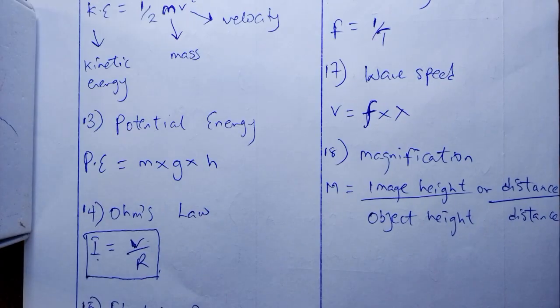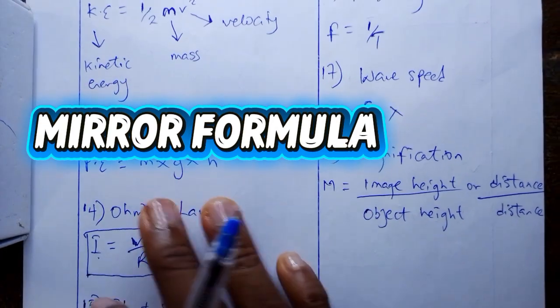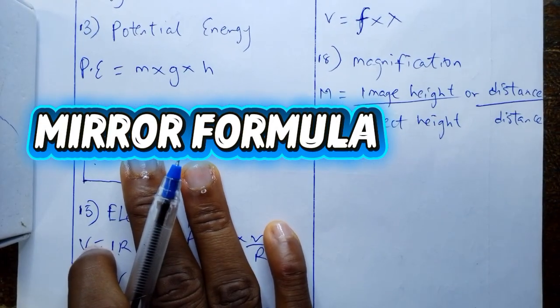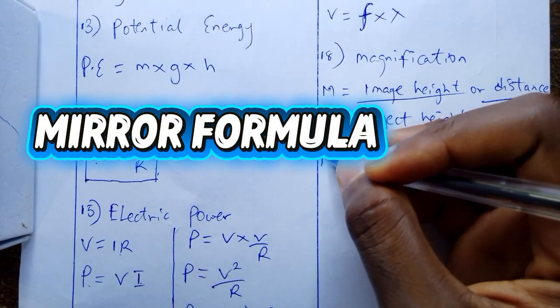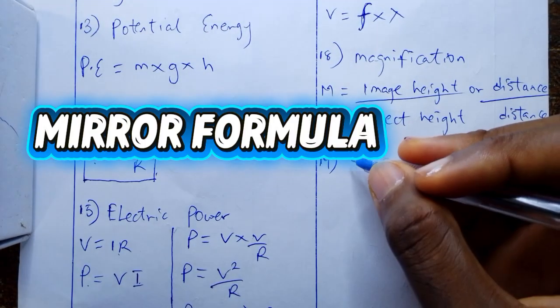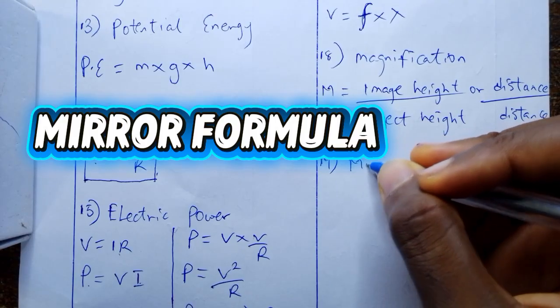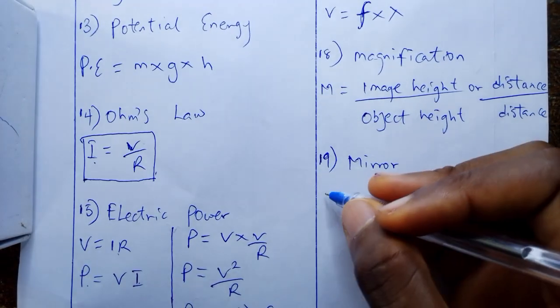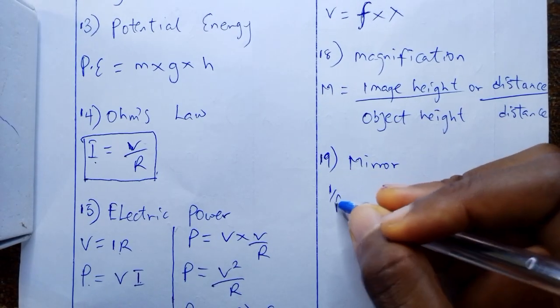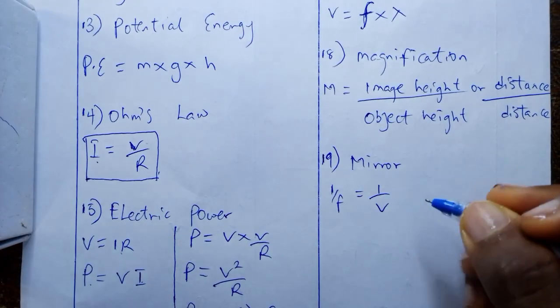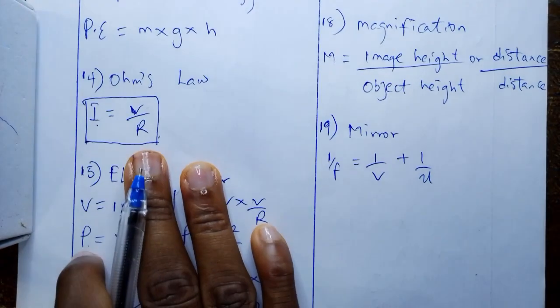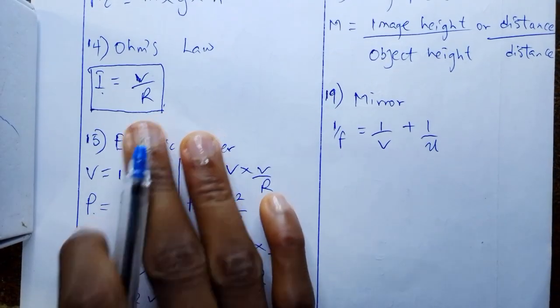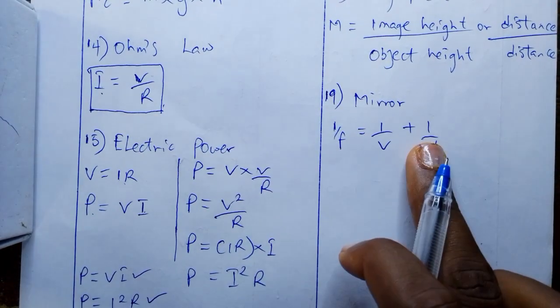Formula 19, mirror formula. What is this video without this formula? This is a very important formula. So what is the mirror formula? 1 over f equals 1 over v plus 1 over u. Where f, you guys might think f stands for final velocity and u stands for initial velocity.